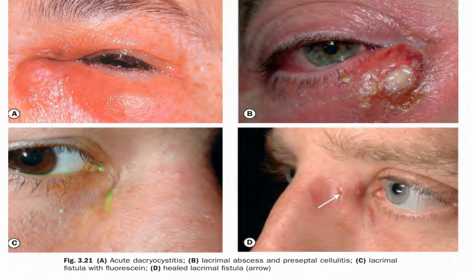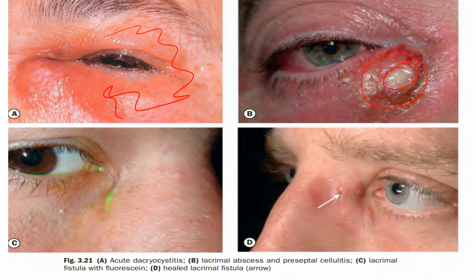Now here you can see this picture collage. In the first picture, you can see this is the stage of acute dacryocystitis. You can see a lot of cellulitis in this patient, and the patient is also having some sort of preseptal cellulitis. You can see all this inflammation present. In the second picture you can see there is an abscess, and the abscess has formed a pus point.